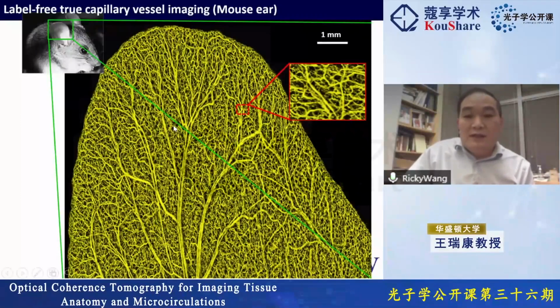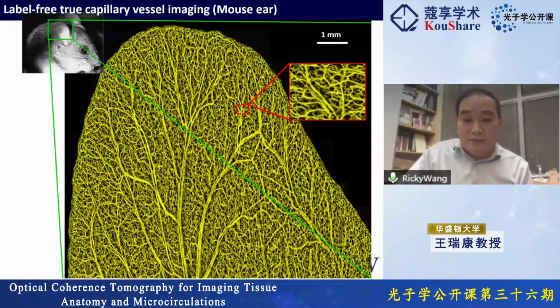So in this case, because our OCT system is 10 microns resolution, if you're imaging this mouse ear tissue, you won't miss any capillaries. As you can see, the capillaries are very rich, even though the vasculature in the mouse is pretty simple.